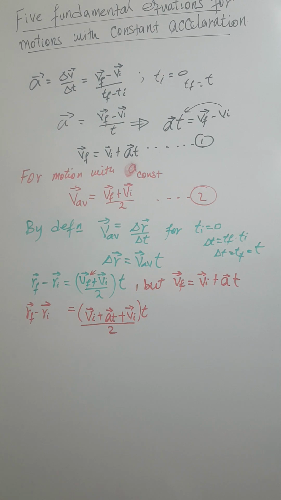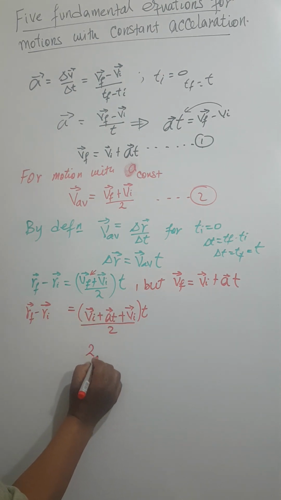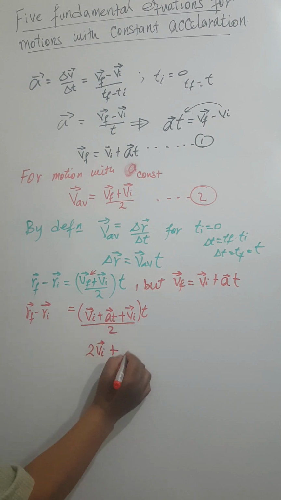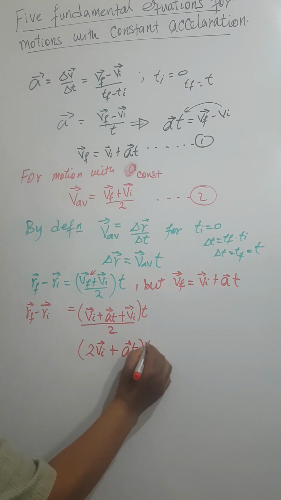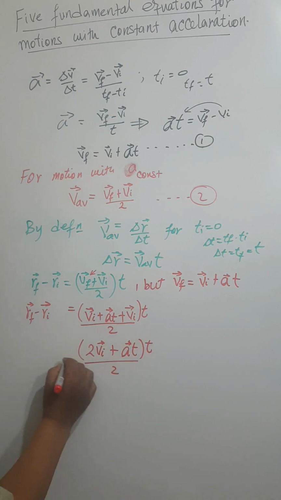Now here, we do have 2 Vi, so the sum goes to 2 Vi plus A times T, multiplied by T, divided by 2 is Rf minus Ri.